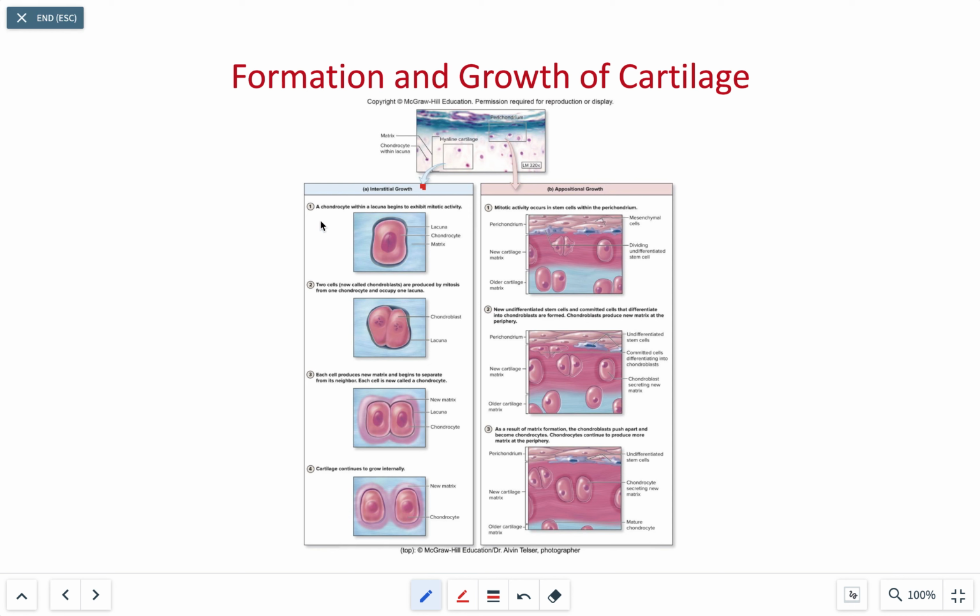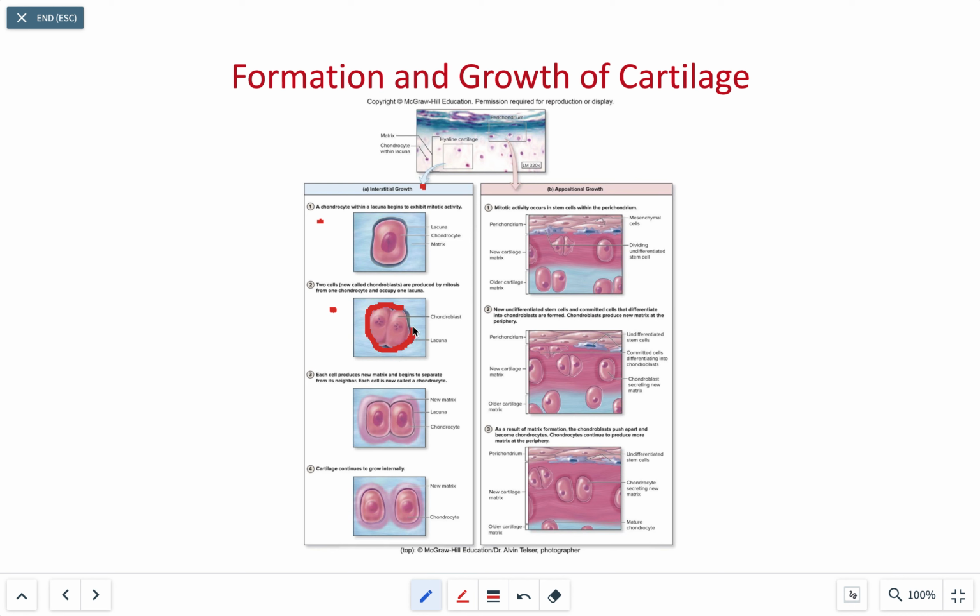In the first slide, we see that the chondrocytes are housed within an individual lacunae before they actually begin their division. When we see the division in step 2, they are now considered to be a chondroblast once they start dividing. These chondroblasts are going to occupy, as it's shown here, its own single lacunae.